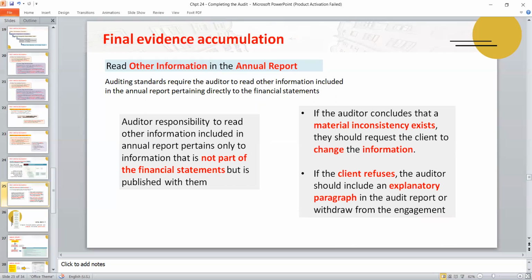The auditing standard requires the auditor to read the other information included in the annual report, pertaining directly to the financial statement, because there is much information that can help the auditor make an opinion.